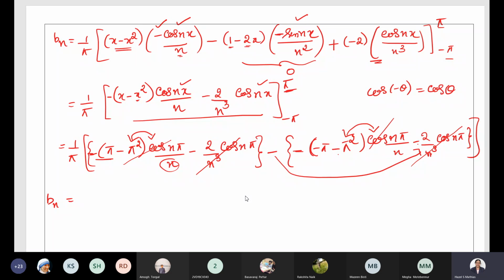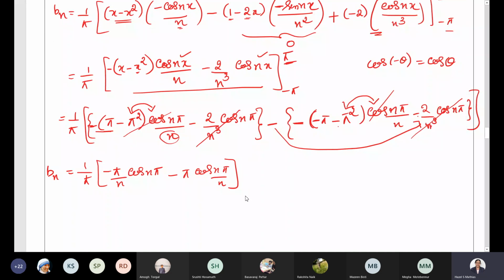Here it is minus pi, 1 by pi into minus pi by n into cos n pi, and here also you check this one, minus minus minus, which is minus pi cos n pi by n, and pi by n is a common term which you can take outside.